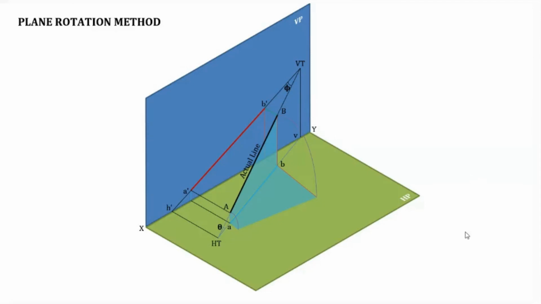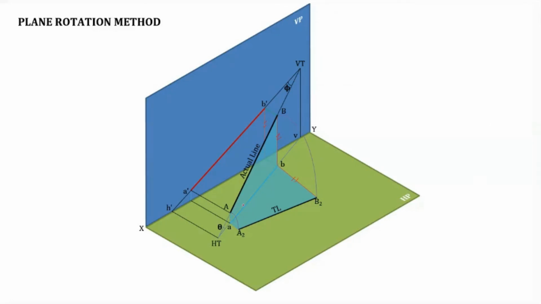Now, this distance should be equal to this distance, and this distance is equal to this distance. So the distance of B dash from the XY line is marked as B2. That is the condition. Now this A to B2 is our true length, and ab is our top view.